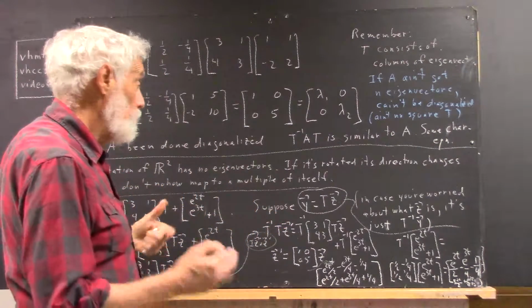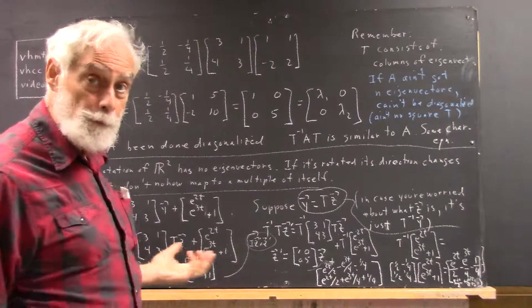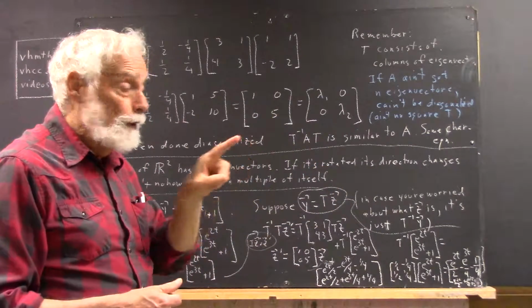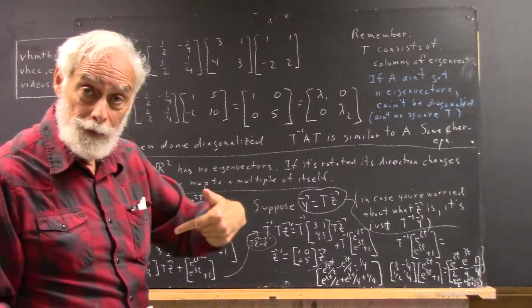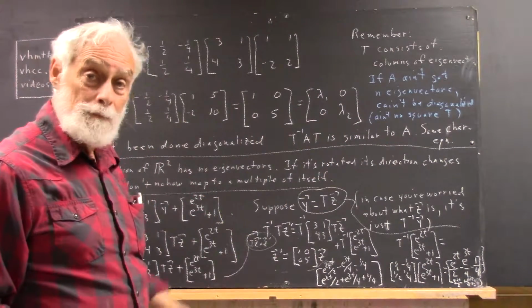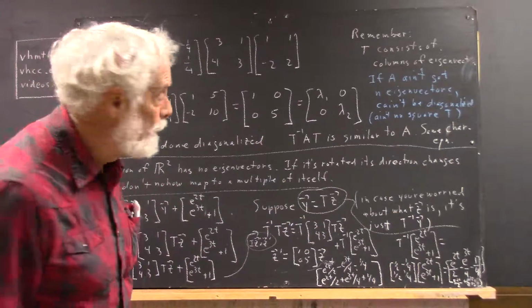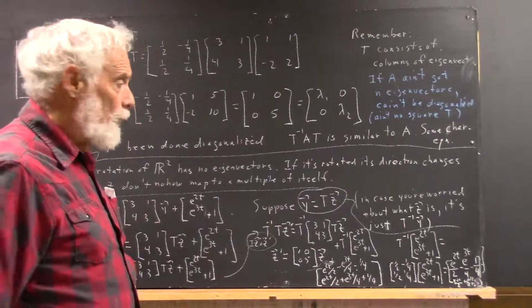Why is that? Because if you're rotating all the vectors in R2, then there is no vector, like the V1 we had before, that maps onto a multiple of itself, because it has been rotated. It's not in the same direction as it previously was. So, rotation of R2, there are no eigenvectors.